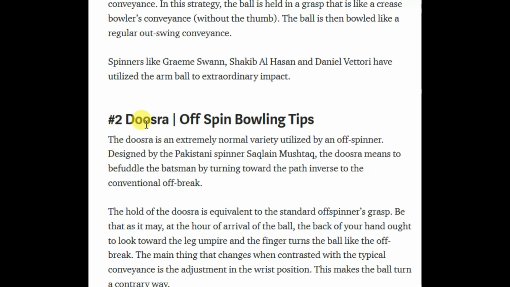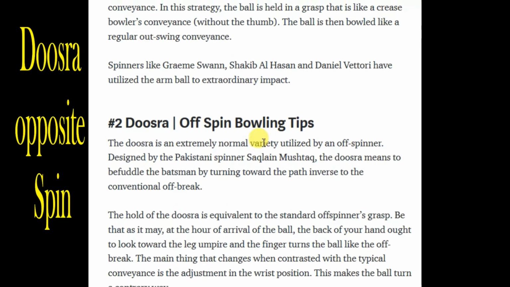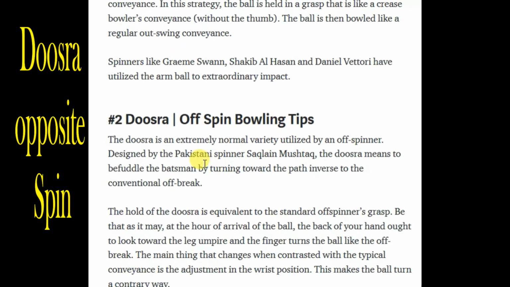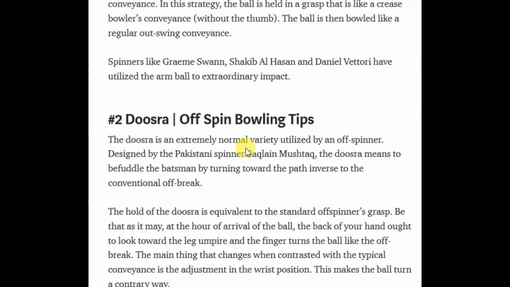Now there is a second type of bowling, the doosra of off spin bowling tips. This type of bowling is an extremely common variety used by the off spinner, pioneered by the Pakistani spinner Saqlain Mushtaq. The doosra is meant to baffle the batsman, turning in the direction opposite to the conventional off break.